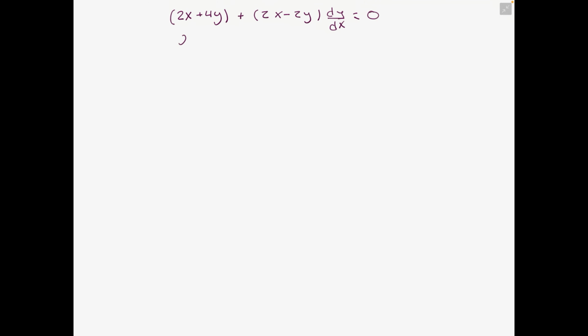And the second one is similar, but we've got to be careful.